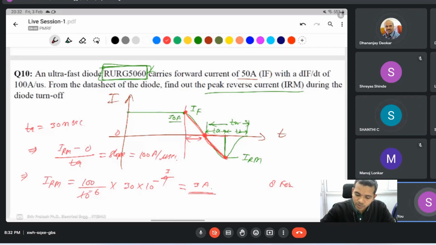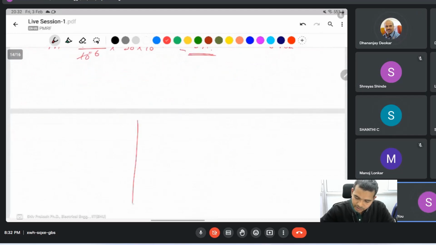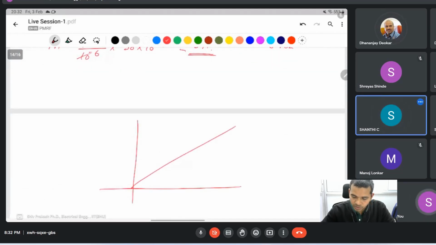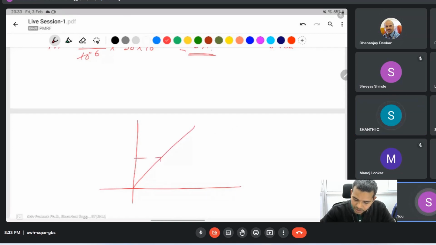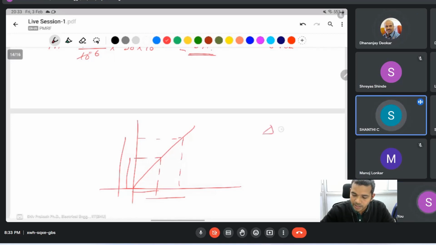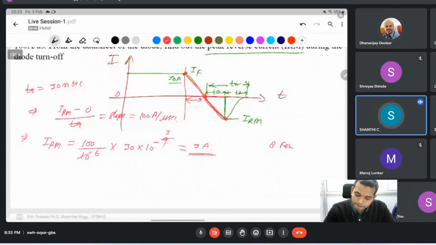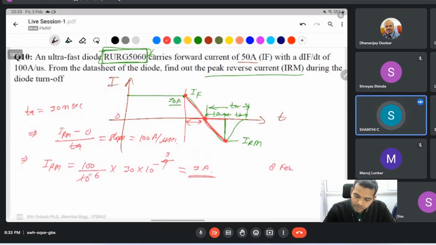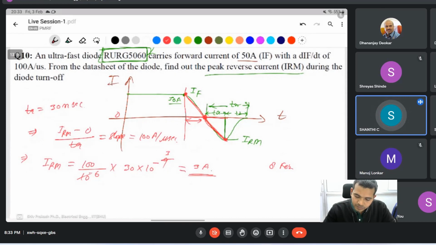But if you have a slope like that, then you take any value from this one and this one, find the slope. Okay, sir, understood. The dIF by dt, that rate of change in the forward current, will cover till that IRM.